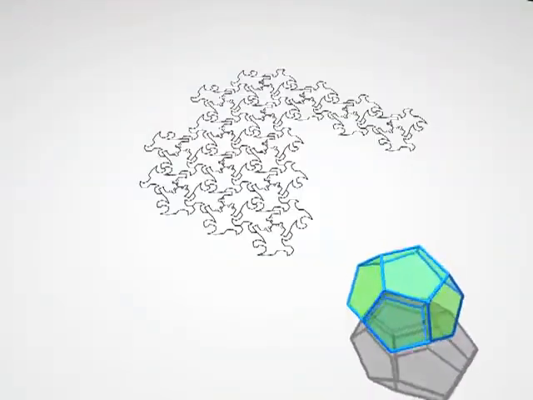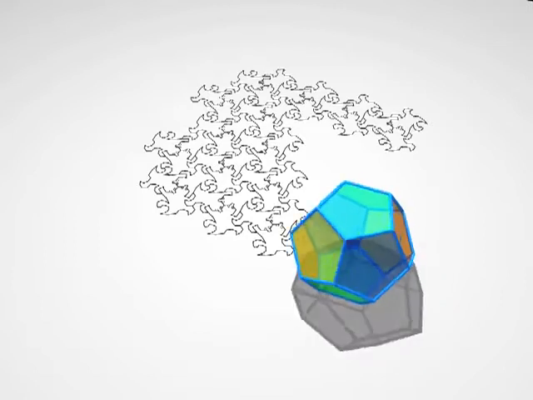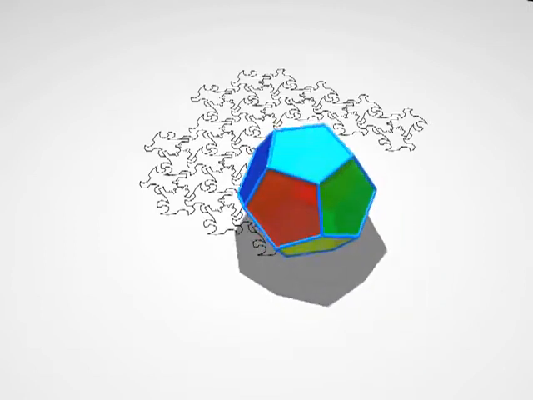We can see 20 faces, 12 vertices and 30 edges. Can you count them all? Finally, here's a little geometric jewel, the dodecahedron.